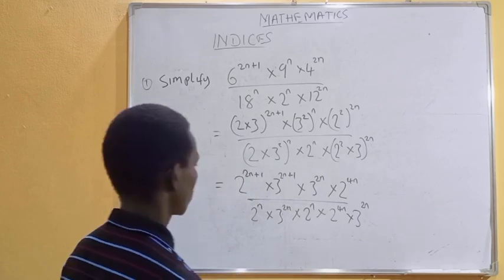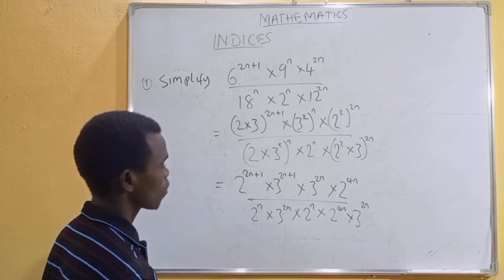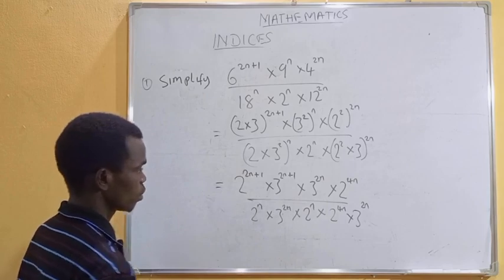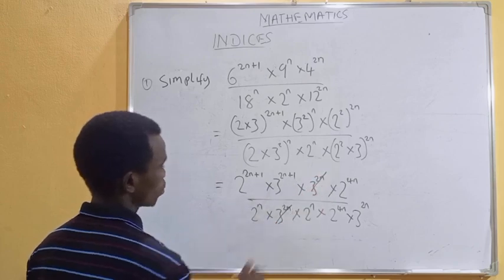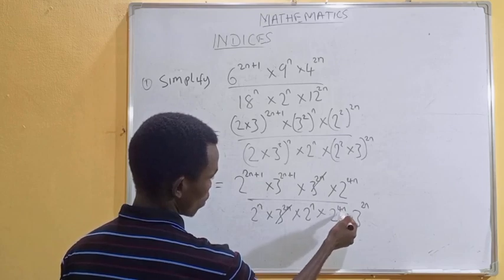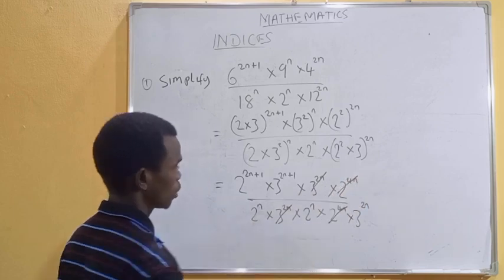From here now, we can cancel the same base that has the same power on the numerator and denominator. If you look at here now, we have 3 to the power 2n here, it can cancel 3 to the power 2n here. We have 2 raised to the power 4n, 2 to the power 4n can cancel 2 raised to the power 4n.